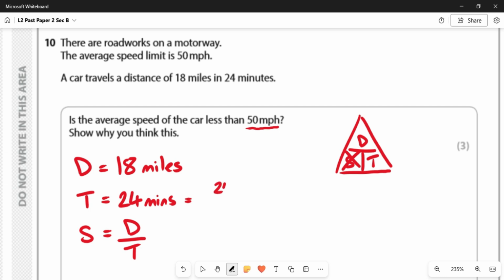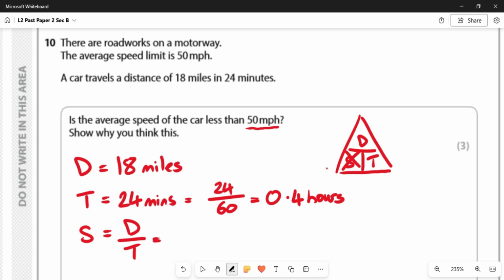So that is 24 minutes out of 60. You could do it as a decimal if you wanted to. 24 divided by 60, which is 0.4, and that's going to be in hours. So that's much better.